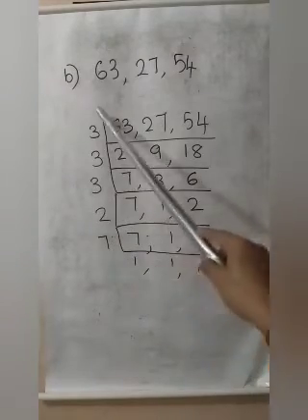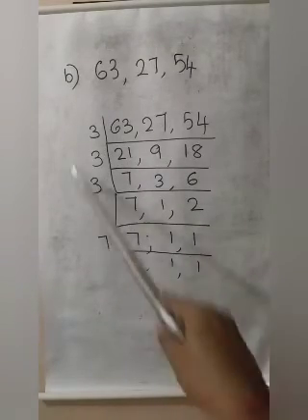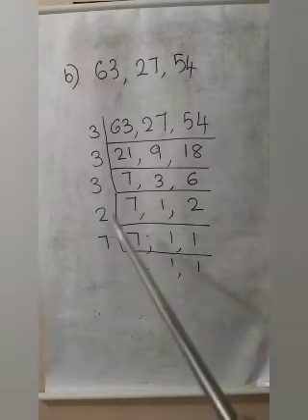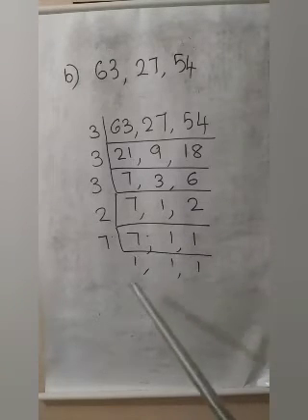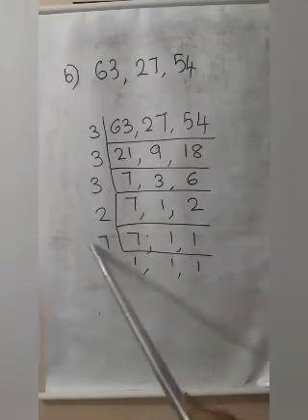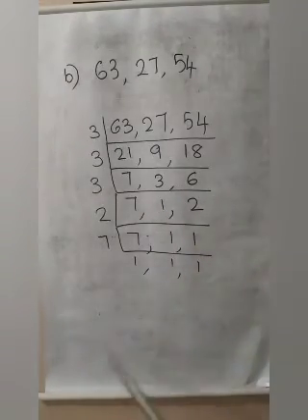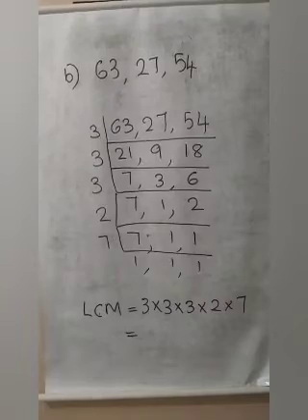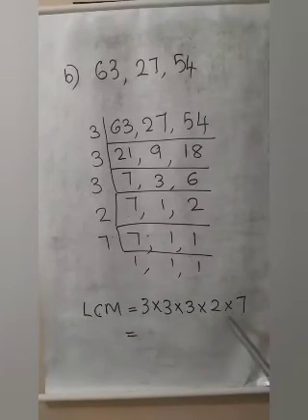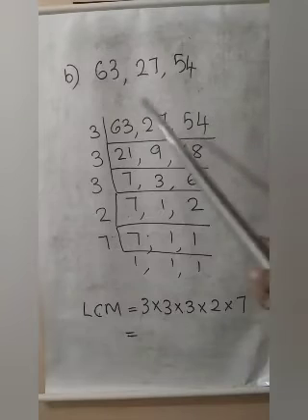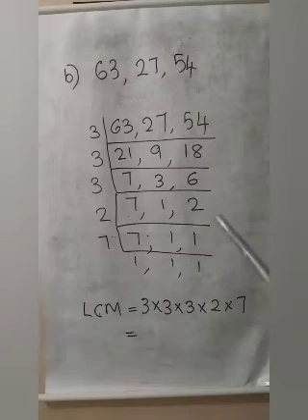Here all the numbers are prime, isn't it? There is no composite number here. So we can say this is the prime factorization itself. Now our LCM is just multiplying these factors directly. So what is our LCM? 3 into 3 into 3 into 2 into 7. Here we are prime factorizing all the three numbers together.